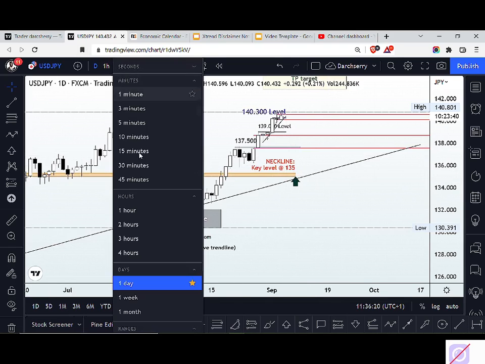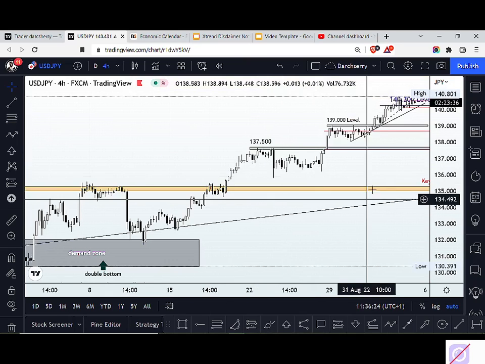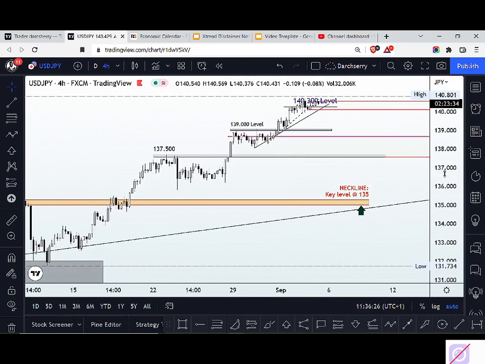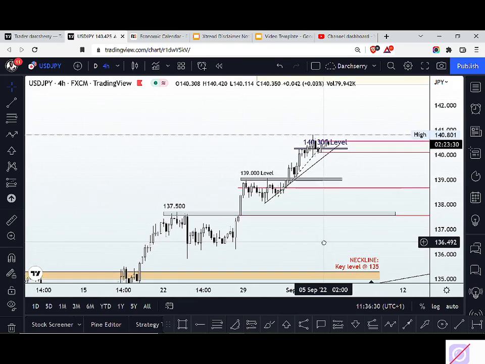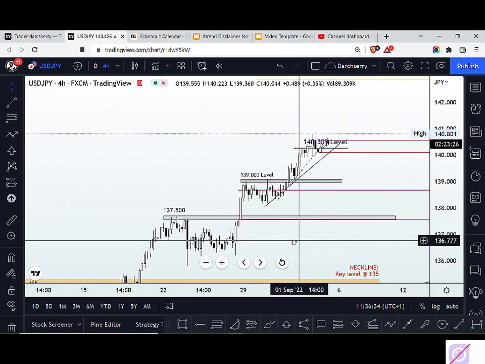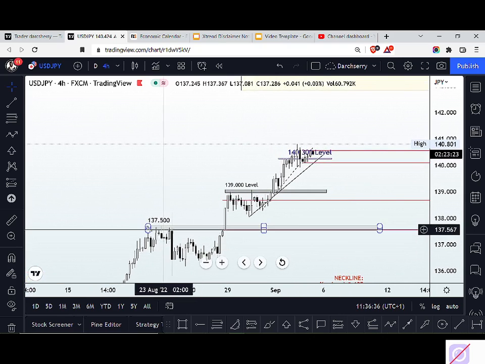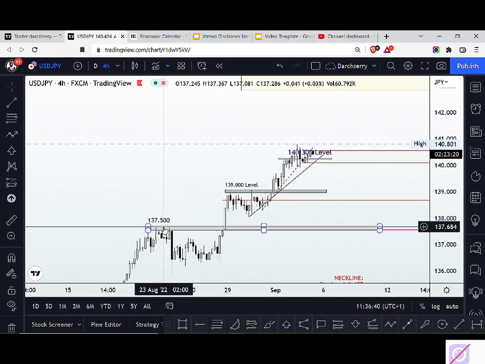So now we scale down to a much lower time frame. Let's scale down to the 4 hours time frame here. On the 4 hours time frame, I was able to discover a couple of levels that I want to be using to guide our action this week. The first level I was able to identify was around the 137.500 level.